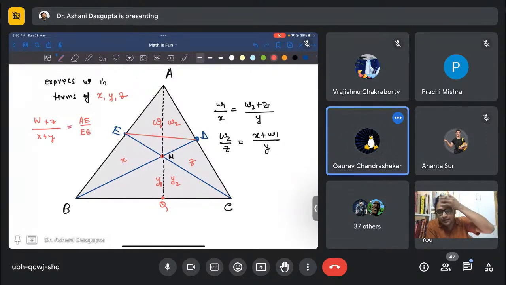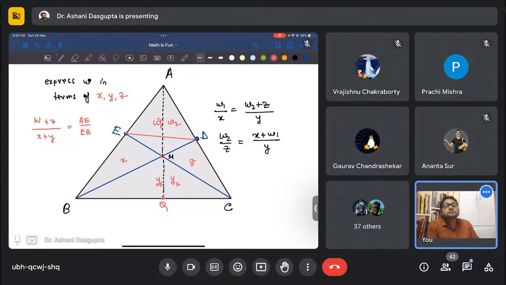Why? Because BM is shared between x and y. They will not be similar. They may not be similar in general; in some triangles and some cases they might be, but in general that's not the case.